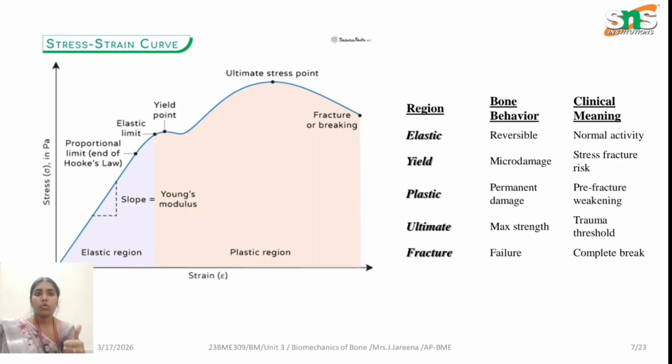This is very important when you are designing any sort of implants, or doing any diagnosis related to bone disorders. In the next class, we will have a detailed discussion of bone remodeling and so on. Thank you.